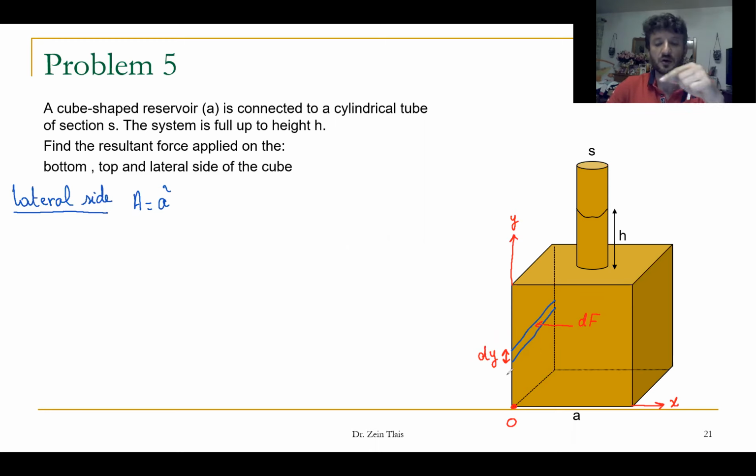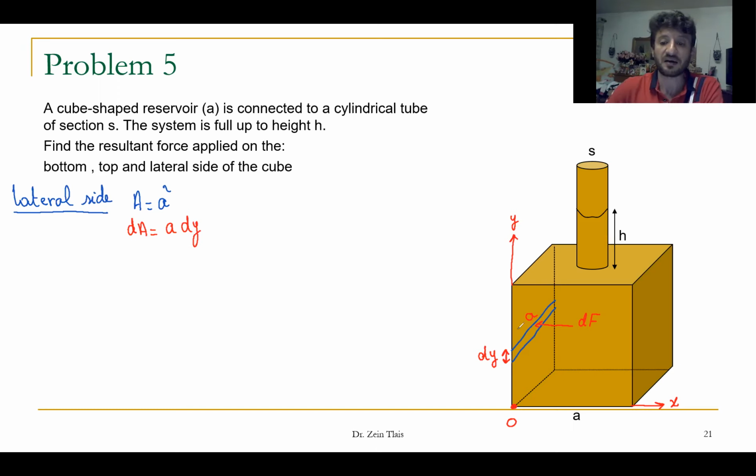The length of this one equals a. Okay, we have delta y as height and a as length. So we can say delta A equals the height times the length, equals a delta y. This is the area of the small portion.